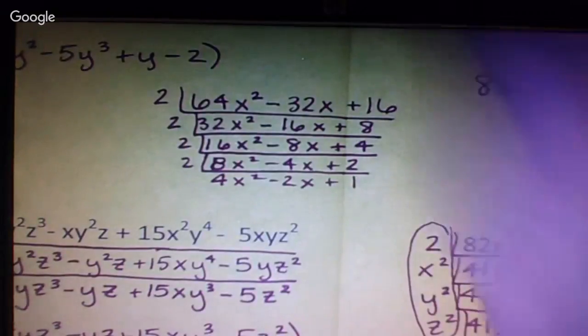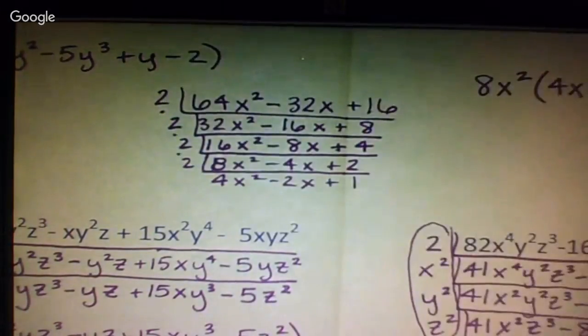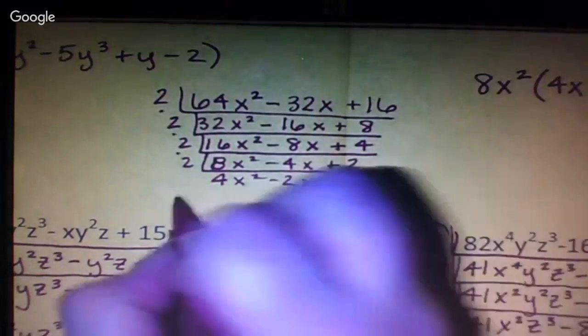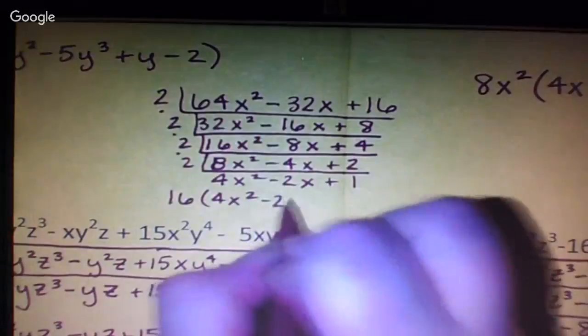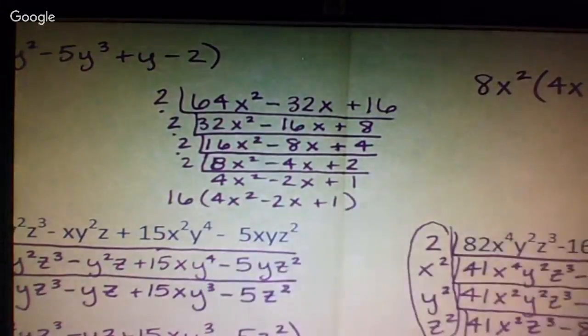Your greatest common factor is 2 times 2 times 2 times 2, so that gives me 16 times the quantity 4x squared minus 2x plus 1. If you ever have to pull out more than one number to finish off, you just multiply all your numbers together.